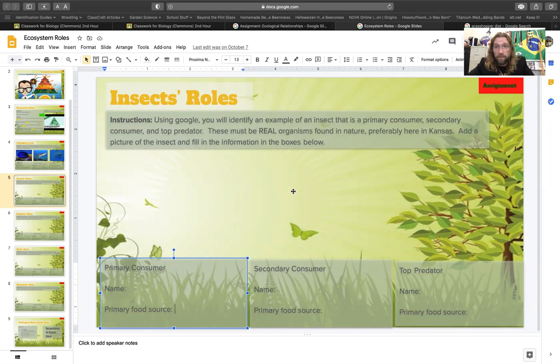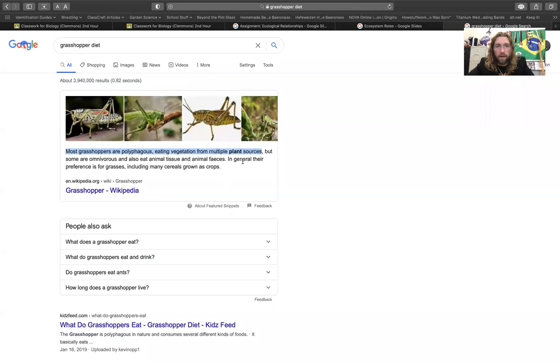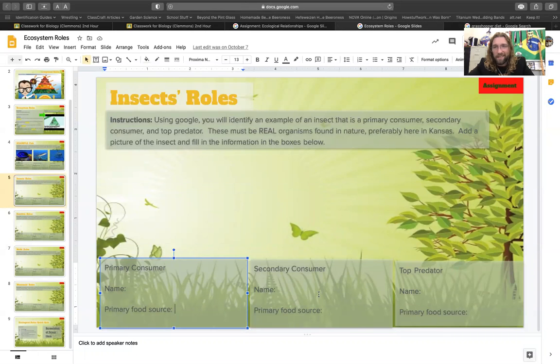Then your secondary consumer, well, that's something that eats other bugs or other moving things, as well as plant sources. But it has to eat something that moves in order to be a secondary consumer, okay? So grasshoppers are not secondary consumers unless you mention some grasshopper species will also eat animal tissue, in which case you could put that it's a secondary consumer.